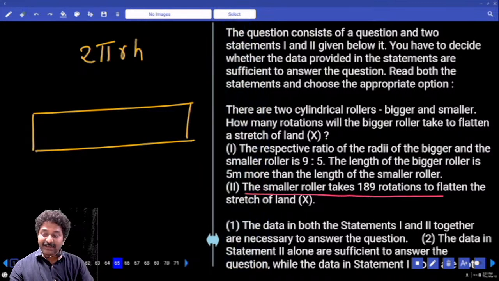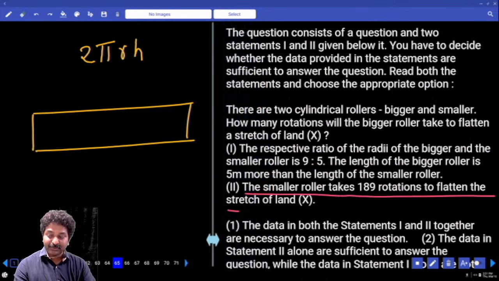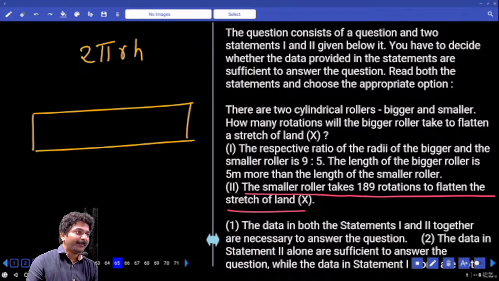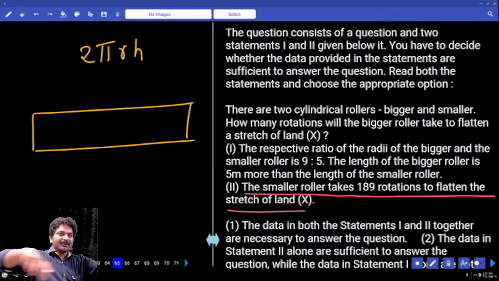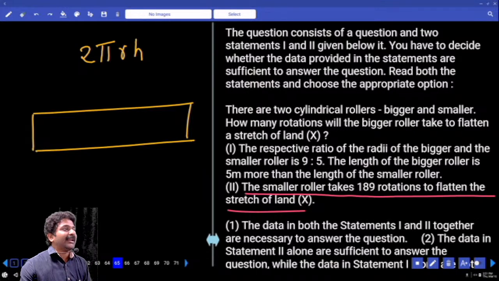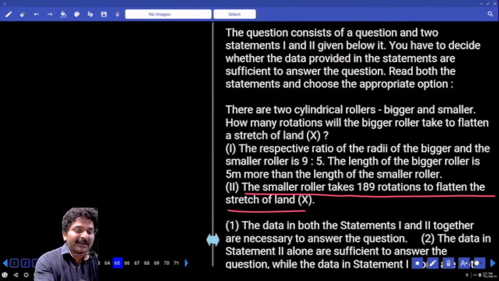Go to the next one. Smaller roller takes 189 revolutions to flatten the stretch of land. So here we have some information regarding that stretch. So to cover the same stretch by using smaller roller, it takes 189 revolutions, correct? So for one revolution, the distance that the smaller one is going to cover is 2 pi r1 h1.